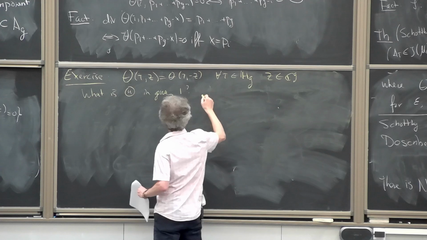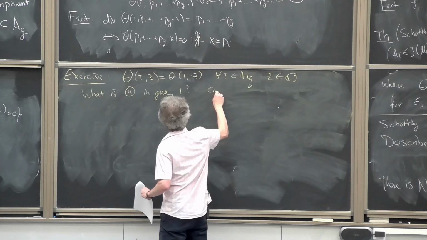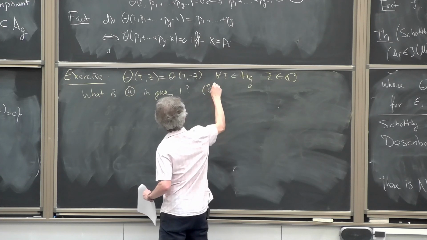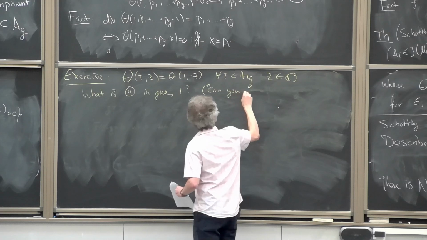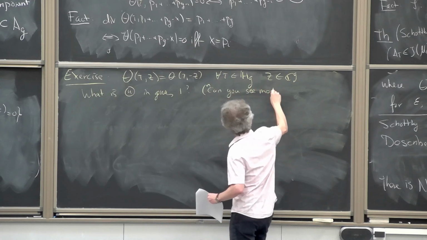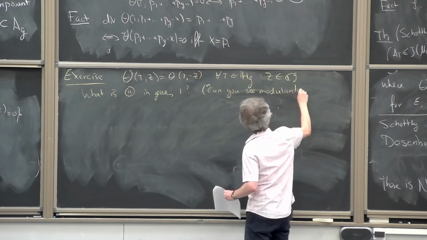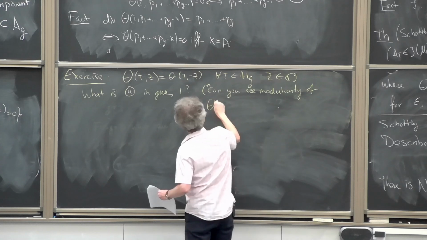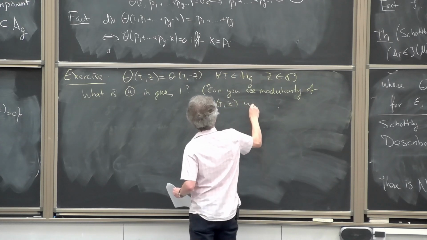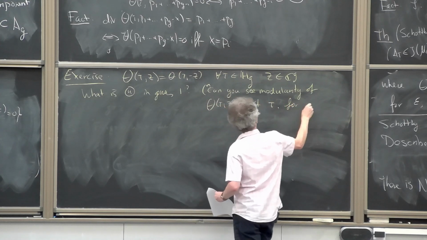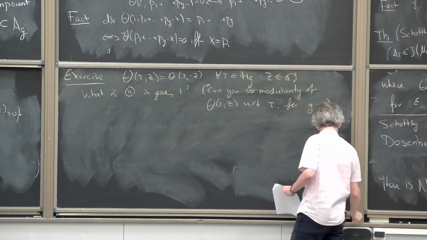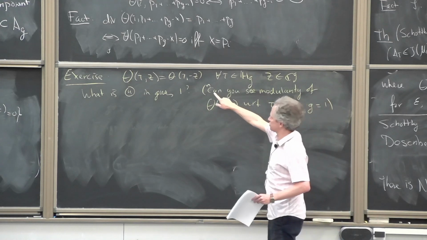And then somehow, can you see modularity of theta tau z with respect to tau for genus equal to 1? That has many stars, okay?